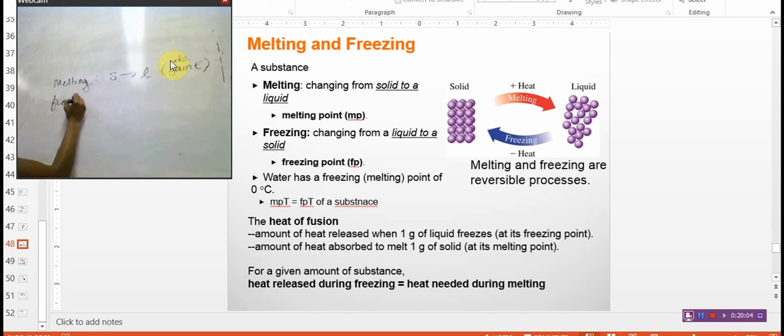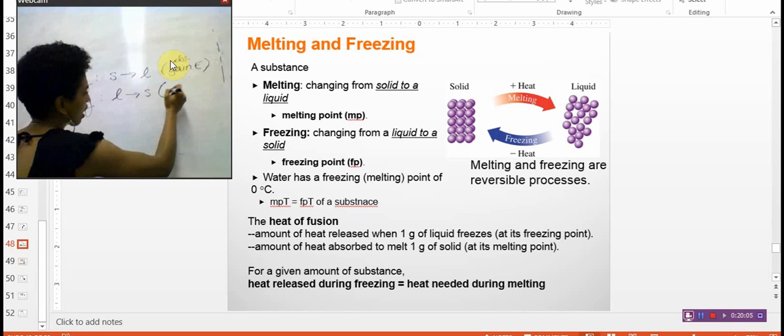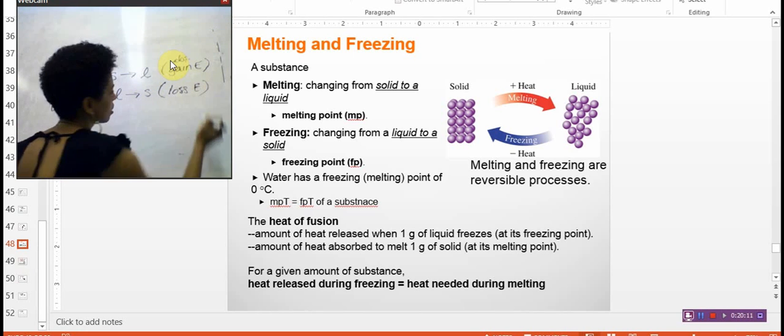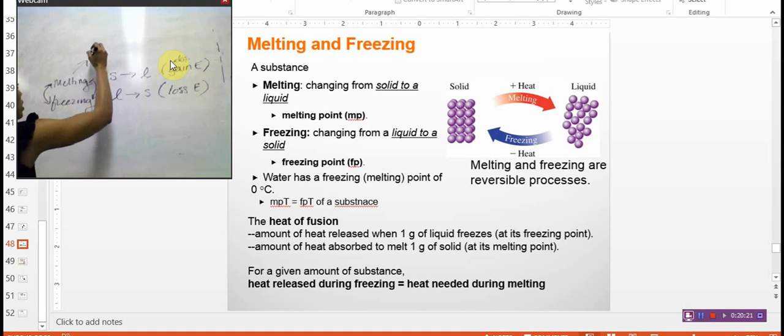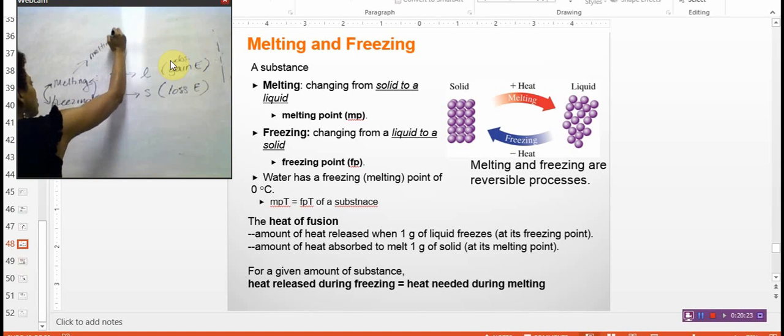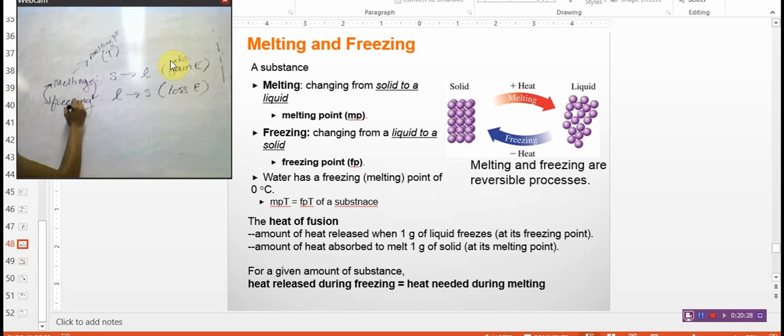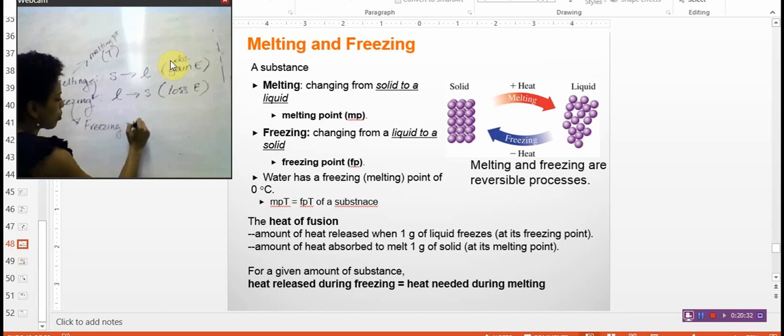Whereas if we're freezing, then I'm going to lose energy. So what I can say is that these two are reversible reactions, right? And melting occurs at the melting point, which is a temperature. Freezing also occurs at the freezing point, which is a temperature.